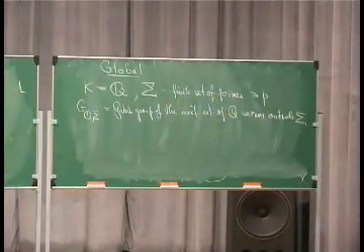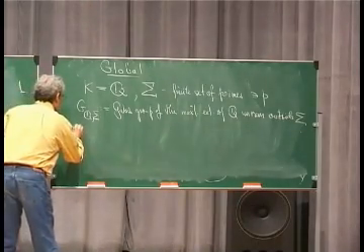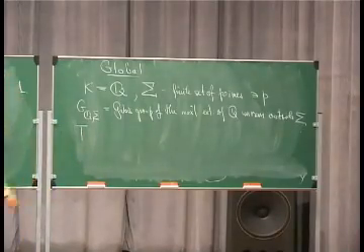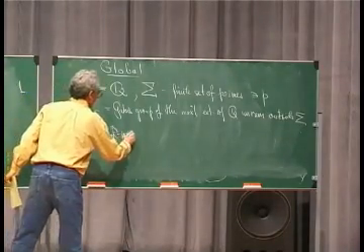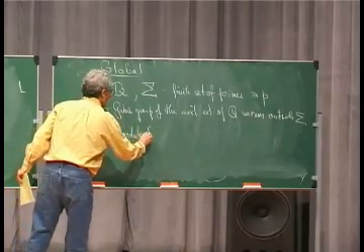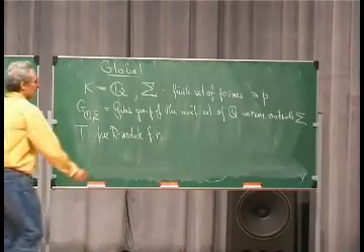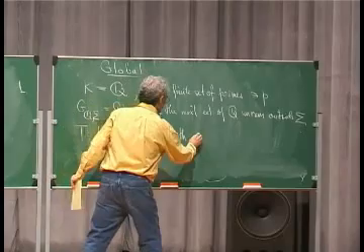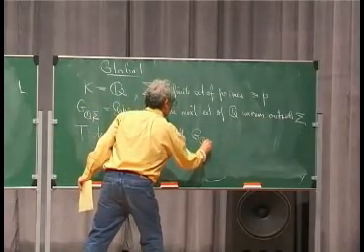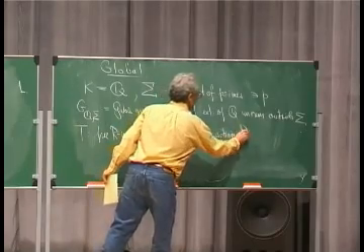OK, now I'm going to have a bunch of modules, some of them free and some of them not. So perhaps I'll let T denote the free one. So T is a free R module of finite rank with GQ sigma action, which is R linear.